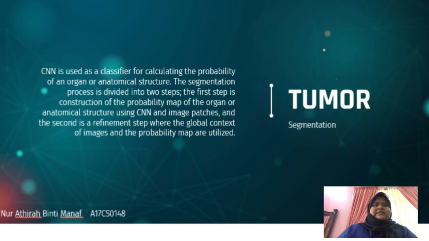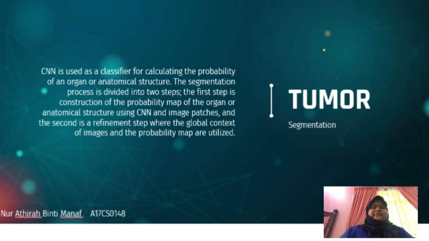Segmentation imaging is where the images are broken into many parts to show the abnormalities of the picture. CNN helps by providing the tested image to the doctor by calculating the probability of the organ size or organ place.